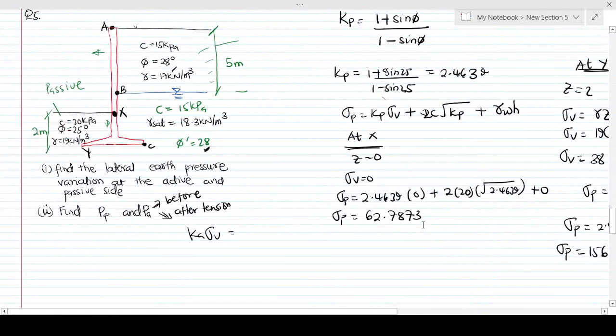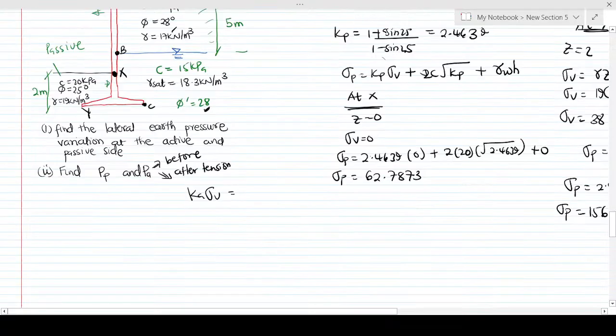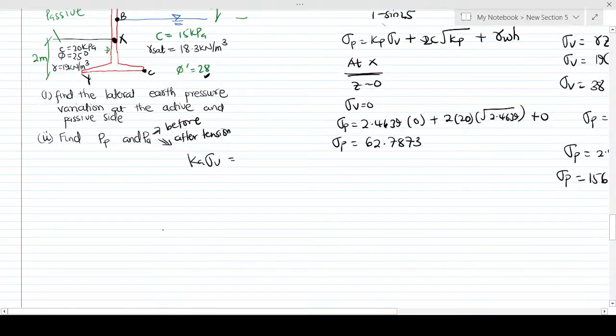So we can go and draw the variation, right? So this is the retaining wall. This is the actual retaining wall.